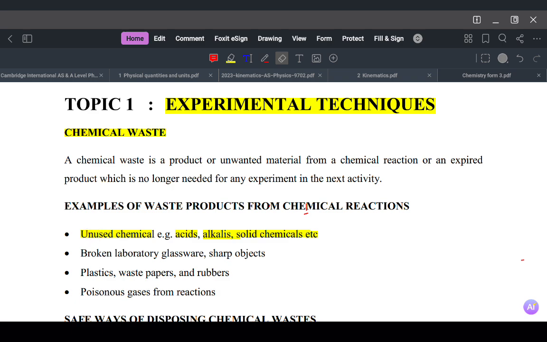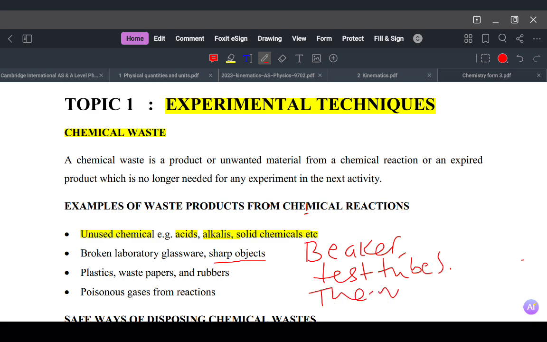Another example of wastes are broken laboratory glassware and sharp objects. Let's suppose that you were carrying out an experiment in which you were using glassware such as beakers, broken test tubes, even broken thermometers. Remember that thermometers are made of glass.